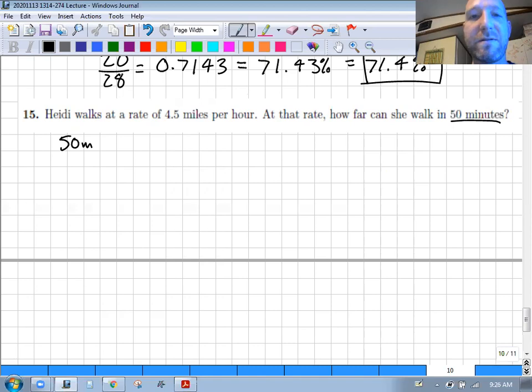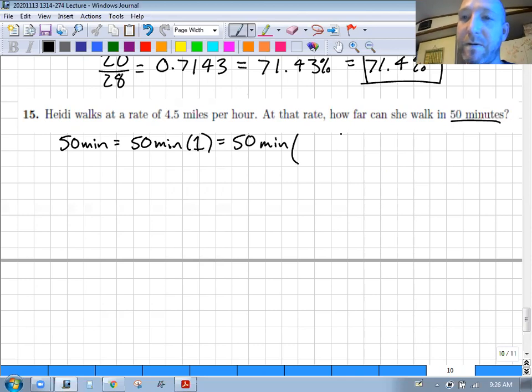We can multiply it by 1. We have 4.5 miles per hour, right?